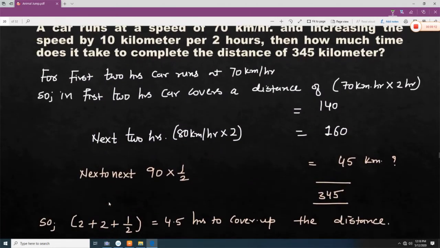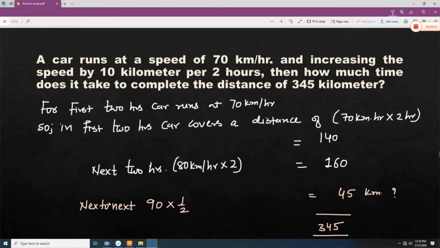Next, a car runs at a speed of 70 kilometers per hour and increases the speed by 10 kilometers per 2 hours. Then how much time does it take to complete the distance of 345 kilometers? So please understand. The car is running at a speed of 70 kilometers for 2 hours.